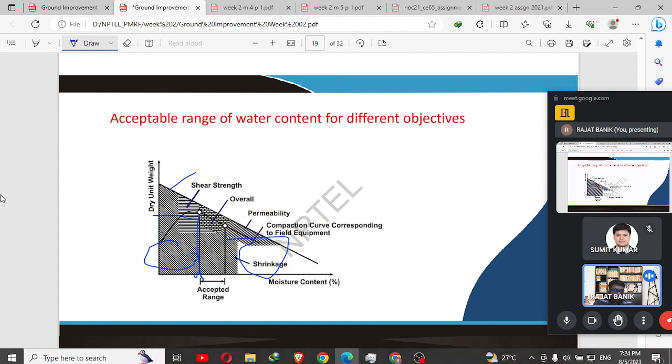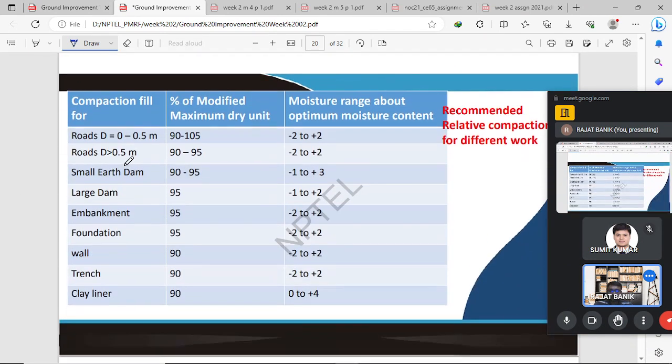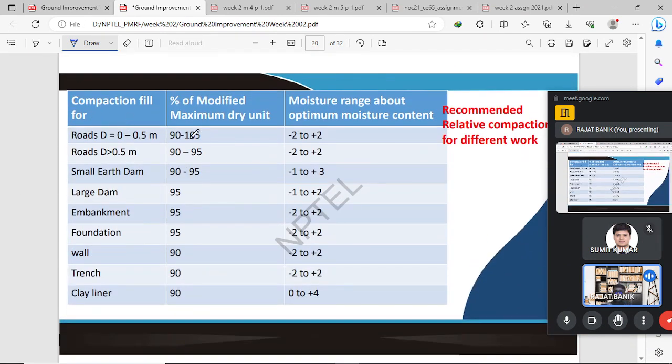So moving forward, in this table we see the range of water content that should be maintained to achieve the relative compaction in the field. This range is defined from the optimum moisture content for that particular soil or field.